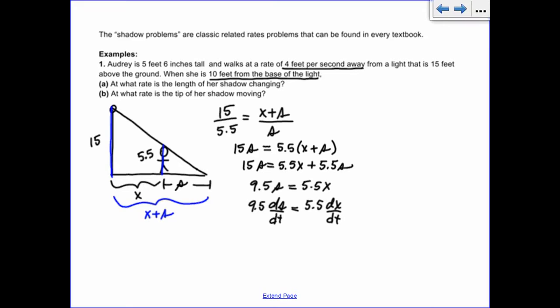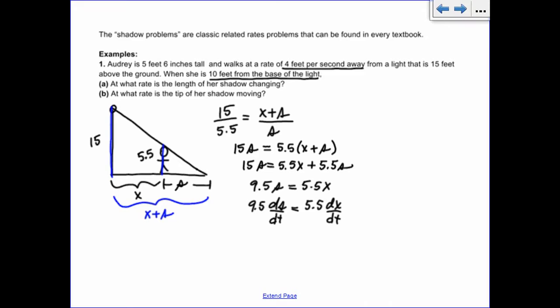But if the light was shining forever, like the sun, it doesn't matter. So it's kind of strange. That's what's confusing for students, because they want to put that 10 in somewhere, and you don't actually need it.